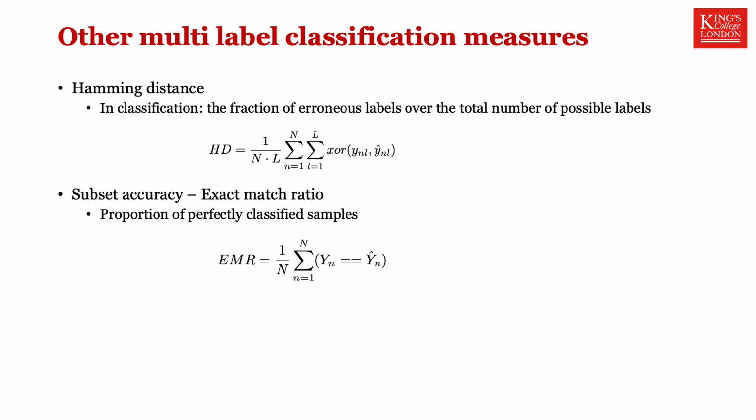You are comparing the vectors that you obtain, and you calculate the ratio of those for which all elements in the vector of labels for one sample are perfectly right. The problem is that obviously it's a very strict metric, and it doesn't account for the fact that you may only have one error among the different labels you had to give for a specific sample.